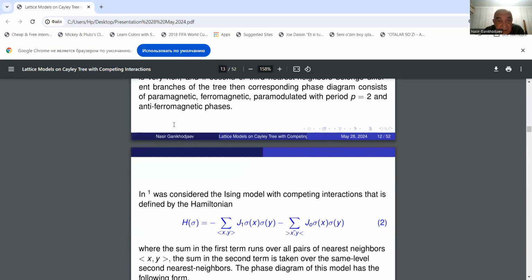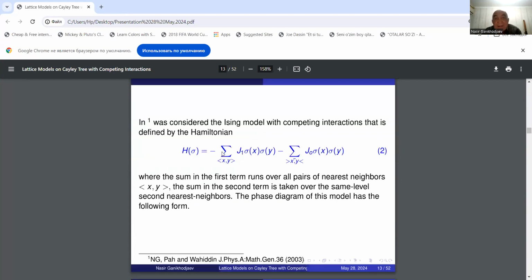So here for this model, we consider interaction of nearest neighbors and interaction of one-level second neighbors. For such a model, we produce some recurrent equations. Only for the last, simple model will I show how we produce such a recurrent equation. Here, let me only show the phase diagram.